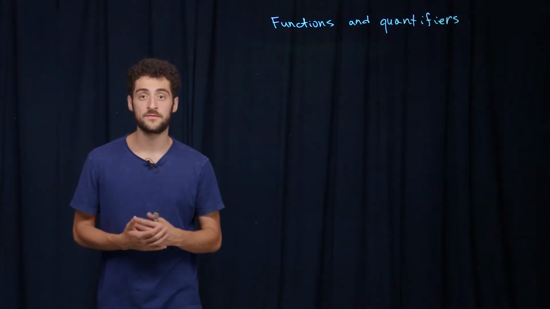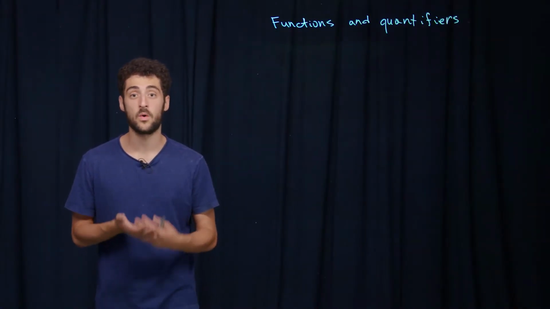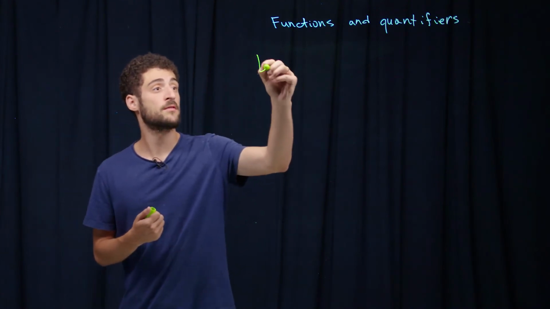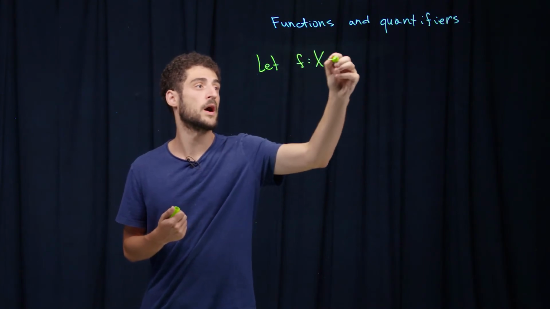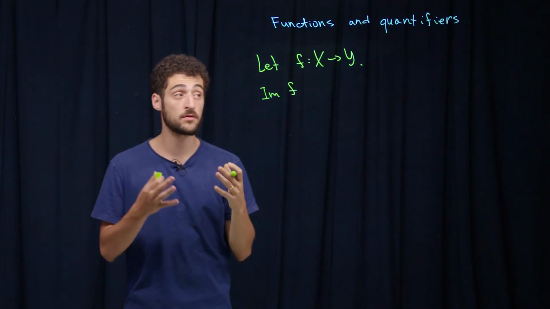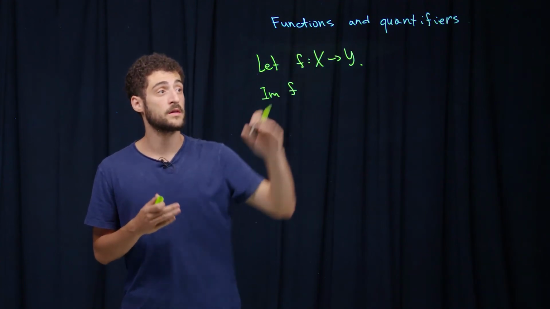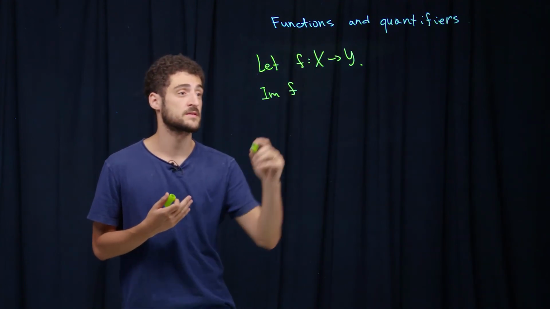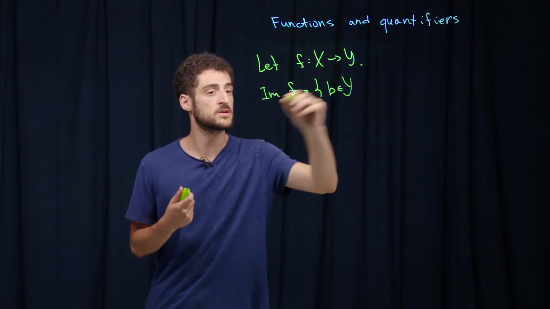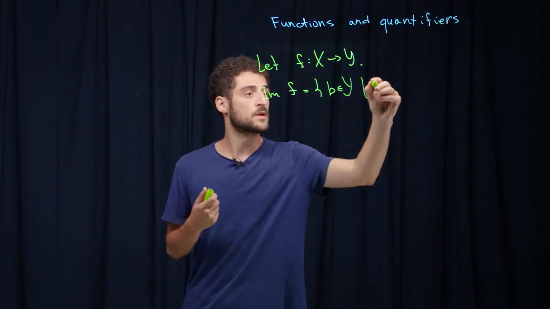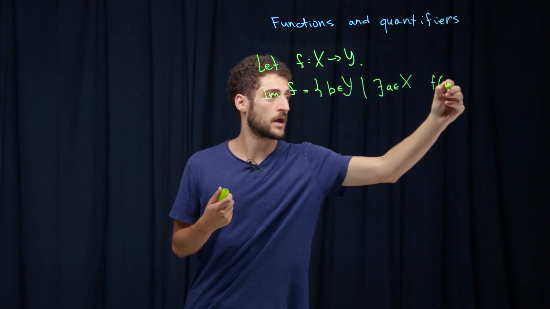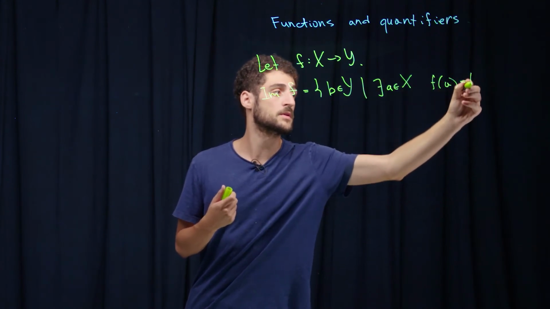Using the quantifiers, we may define some properties and operations on the functions. And the first object is image. So if you have a function f from x to y, then image of f is a set of all elements of y that are assigned to some elements of x. In other words, b belongs to the image if there is an element a of x such that f of a is equal to b.